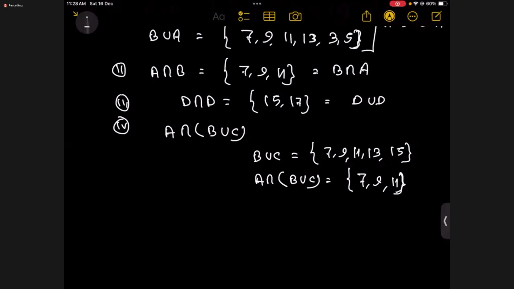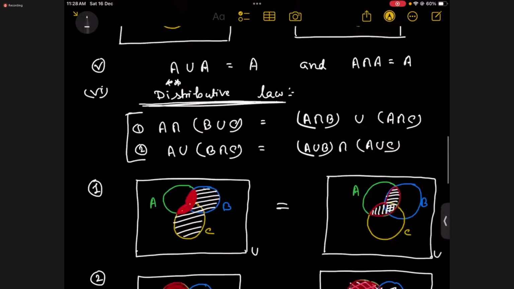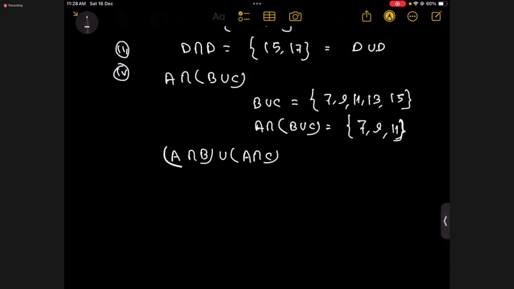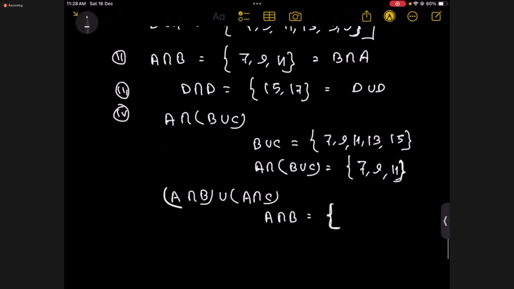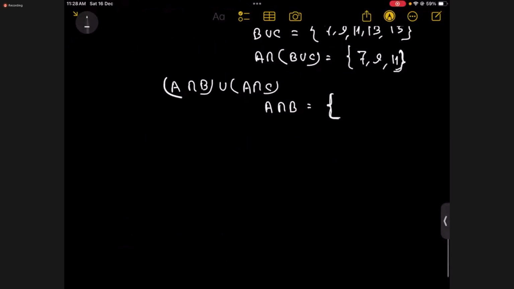What about the other way? We have already proved the distribution law. So let us check what we get by distribution law. A intersection B union A intersection C, right? From the distribution law we know this thing. So let's verify. What about A intersection B? A intersection B implies 7, 9, 11.